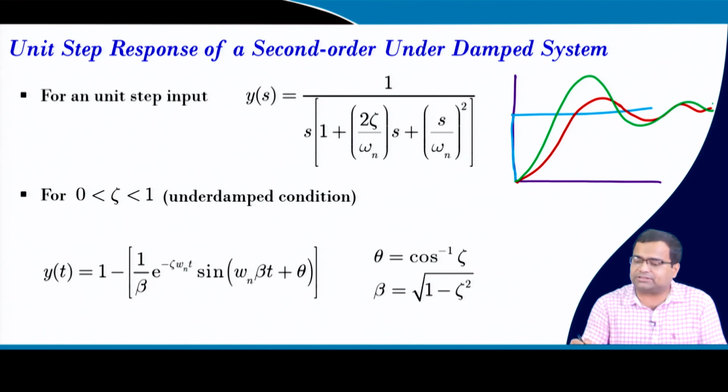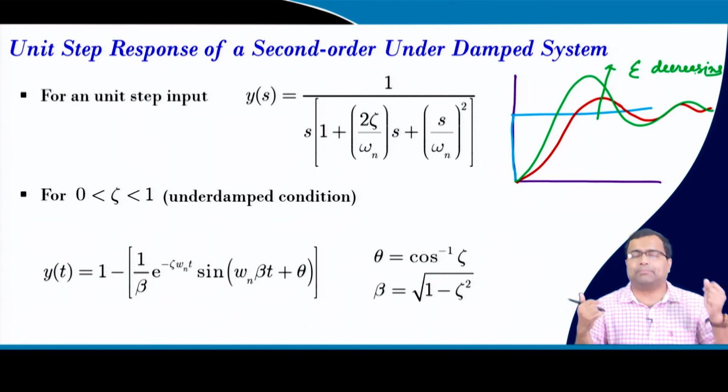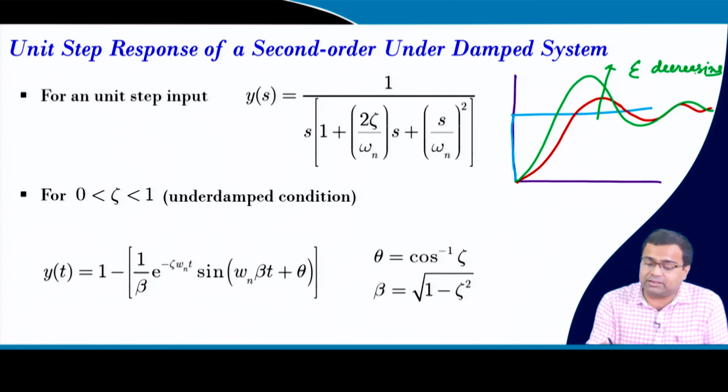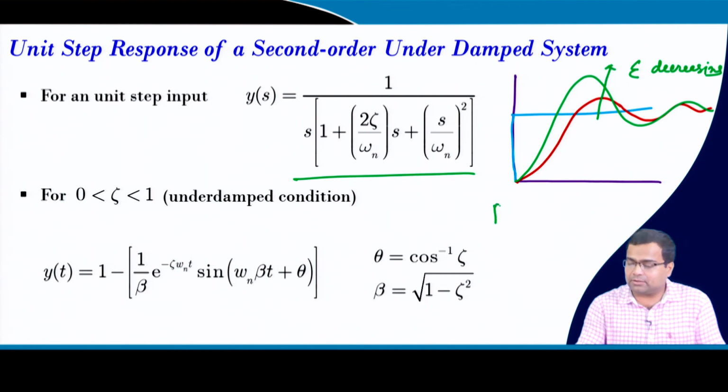So, depending upon the zeta, this way your zeta is decreasing, that means it will be more poorly damped, and you can relate this, the poor damping will eventually lead to poor phase margin.